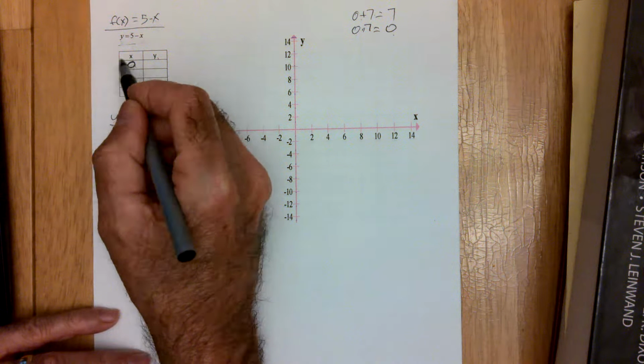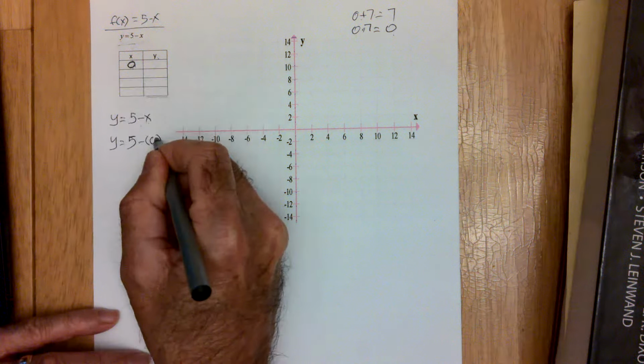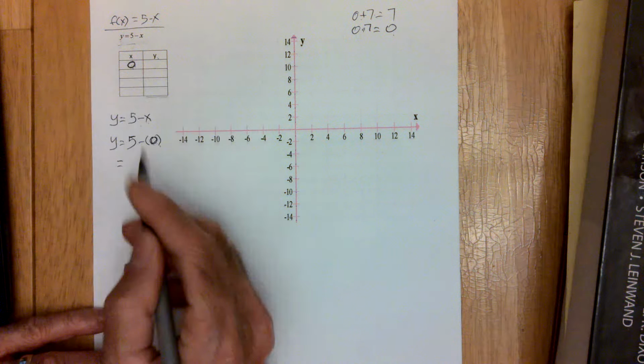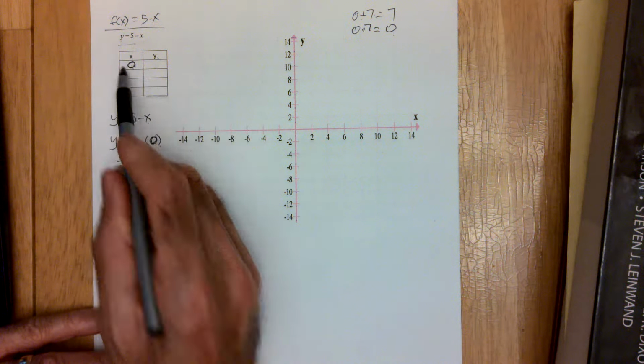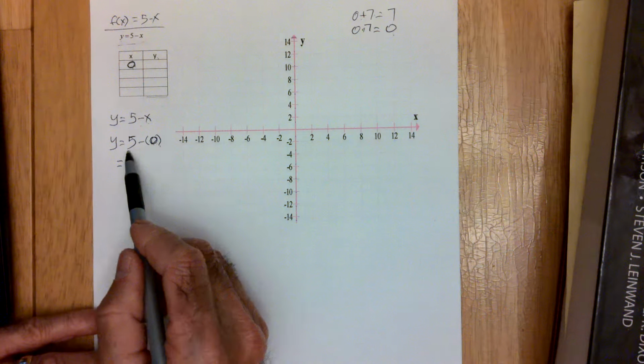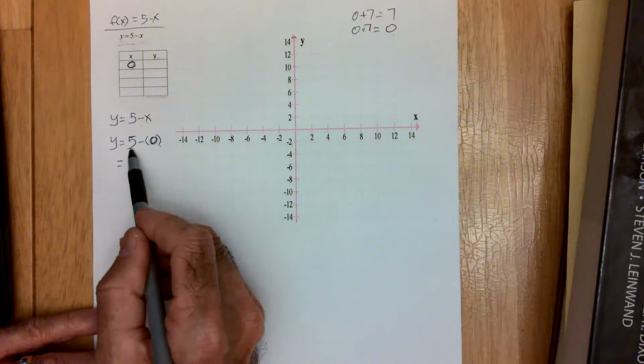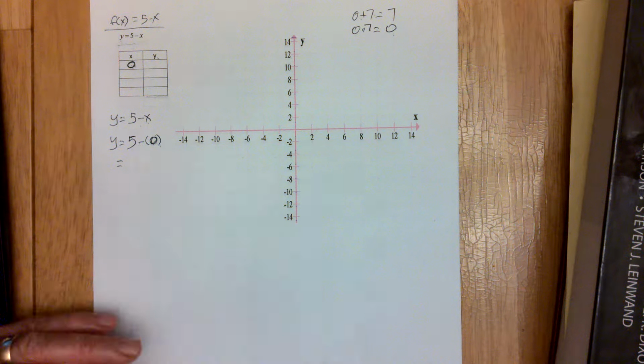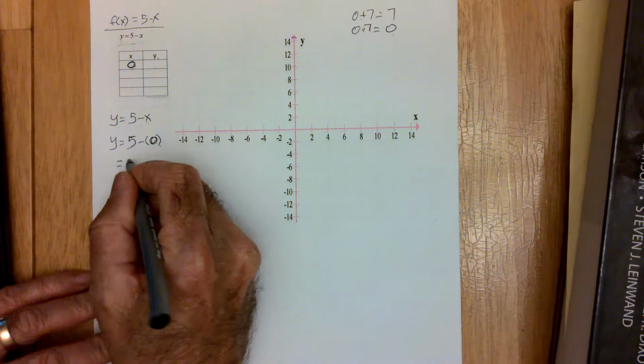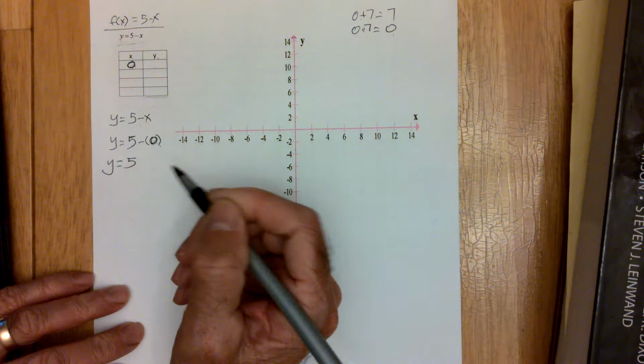Like I said, any number. I picked 0. So I'm going to put 0 here. Now, once you replace that number here, all you do is you evaluate that expression. So 5 minus 0, evaluate means to do the calculations. So 5 minus 0 is 5.